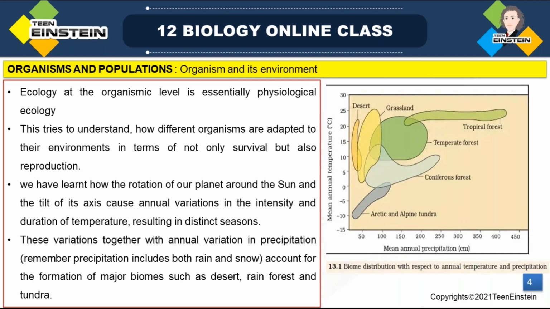Based on these, we have made different biomes, like desert, grassland, tropical forest, temperate forest, coniferous forest, Arctic and alpine tundra. You can see all this here, right? So based on the annual temperature and precipitation variations, major biomes are considered.